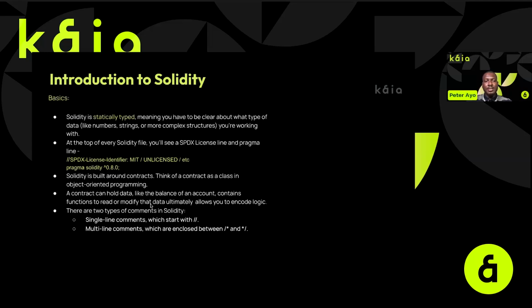Moving forward, also part of the technical specifications of Solidity is that Solidity is built around contracts, right? Quite a number of the things that you'll be doing are built around contracts. And you can think of a contract as a class in object-oriented programming, right? So a class is something that has various properties and also various methods.